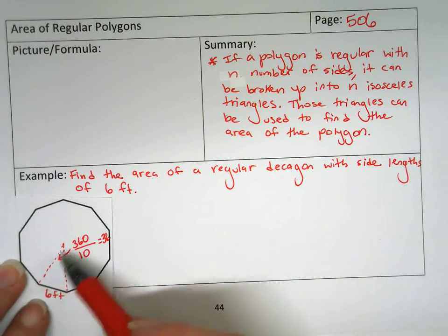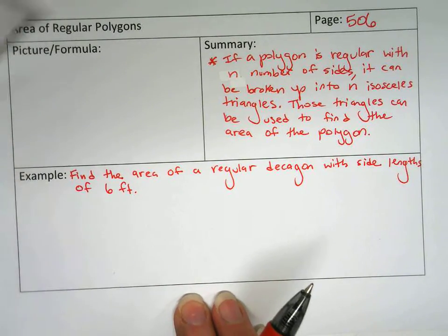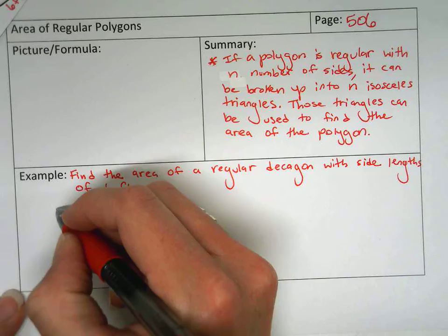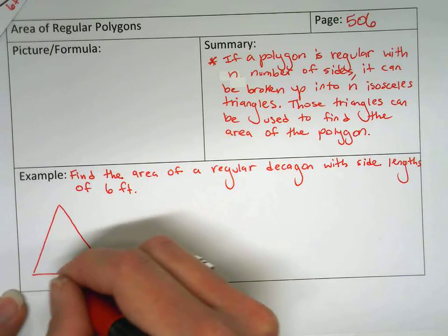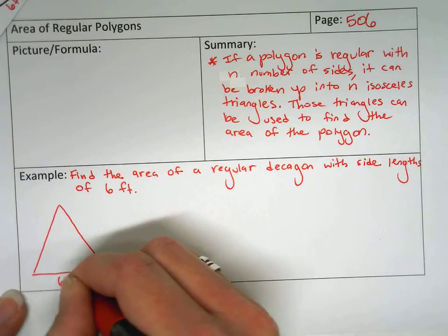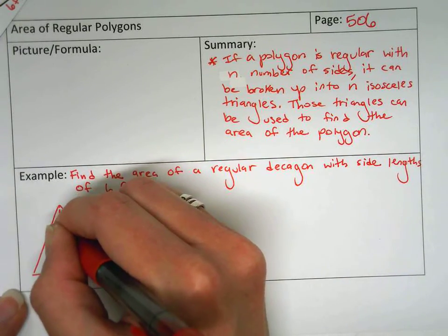Now I'm going to draw this triangle bigger so that we can see what's happening. So we know that the base is 6 feet. The angle up top is 36 degrees.